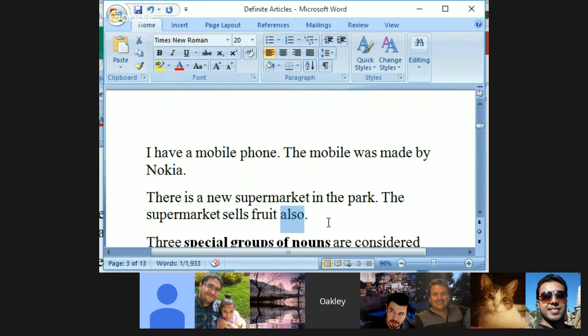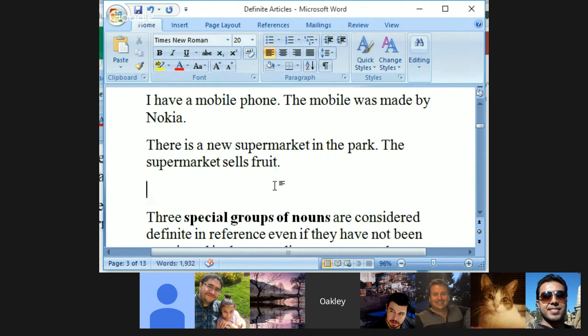When we use also, okay, the supermarket sells meat, the supermarket sells fruit also, relative to the meat, so it doesn't make sense all by itself. Notice the first mention of fruit, again, it's uncountable, so no a or an.